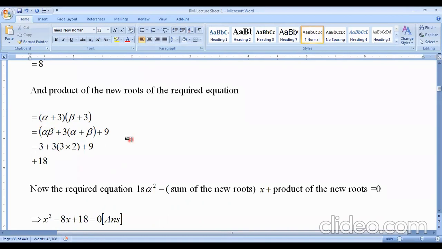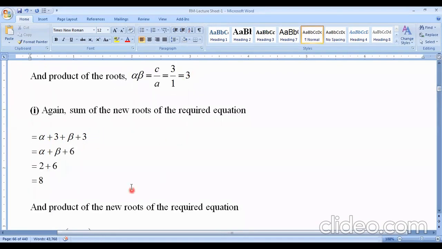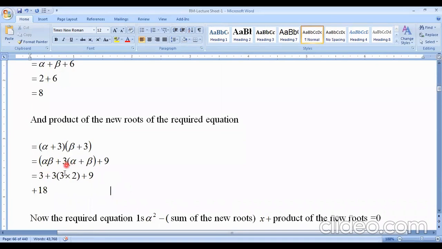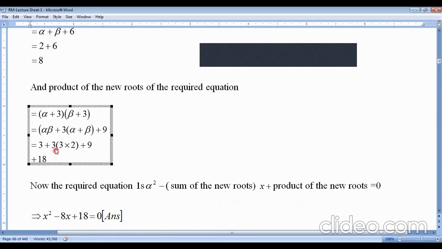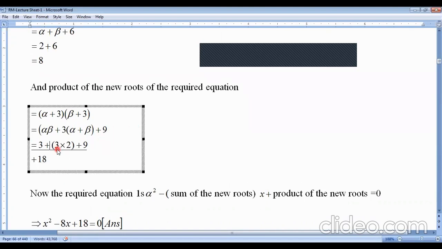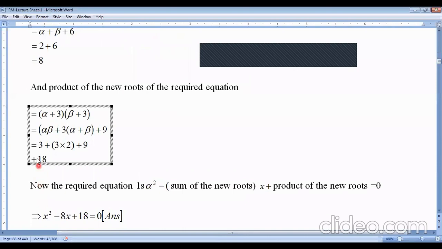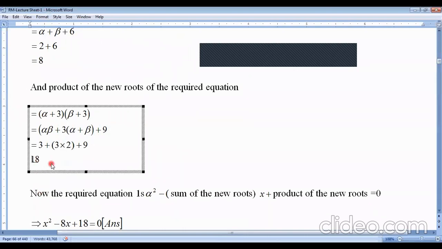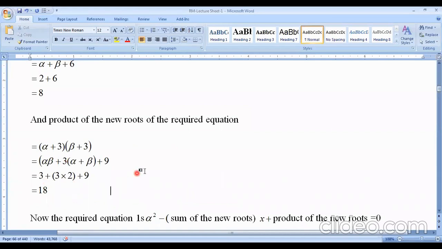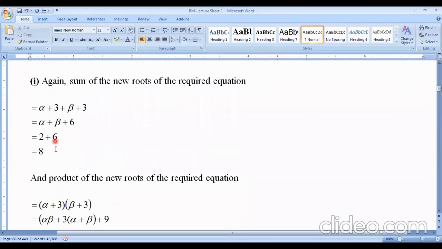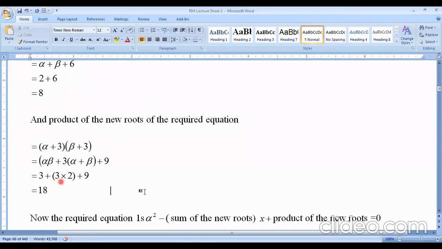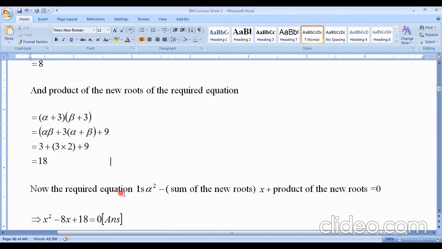Alpha beta was 3, and alpha plus beta was 2, so we get 3 plus 6 plus 9 equals 18. So the sum of the new roots is 8, and the product of the new roots is 18.